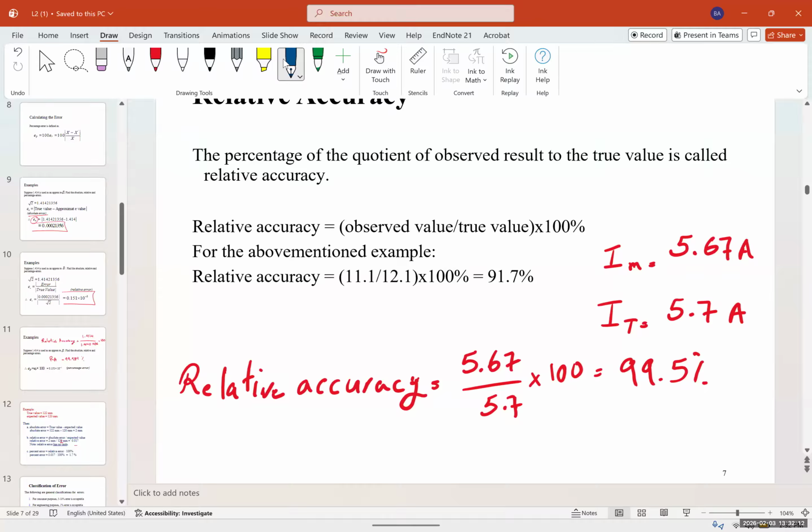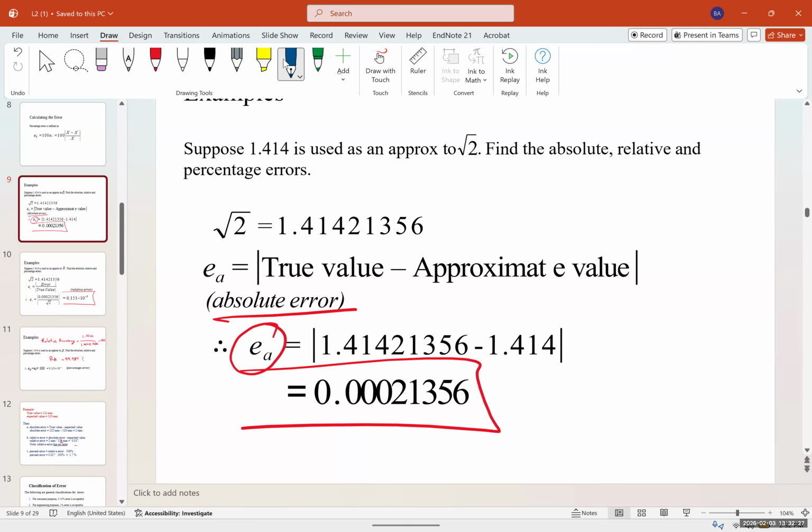And then absolute error is the true value minus the measured value.